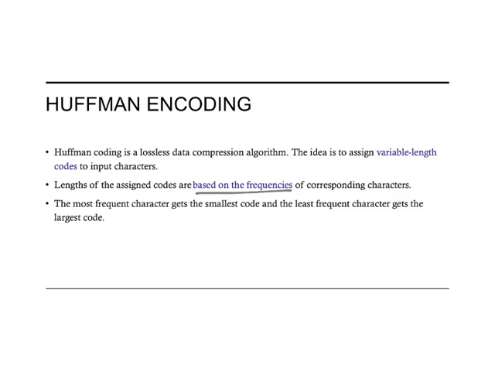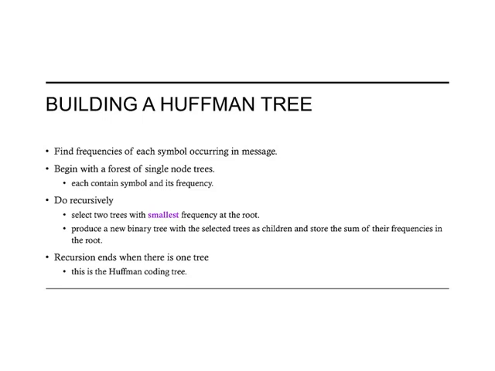The shortest codes should be assigned to the characters that appear more frequently. In that way, we will save more space. And of course, the least frequent character is going to get the largest code.